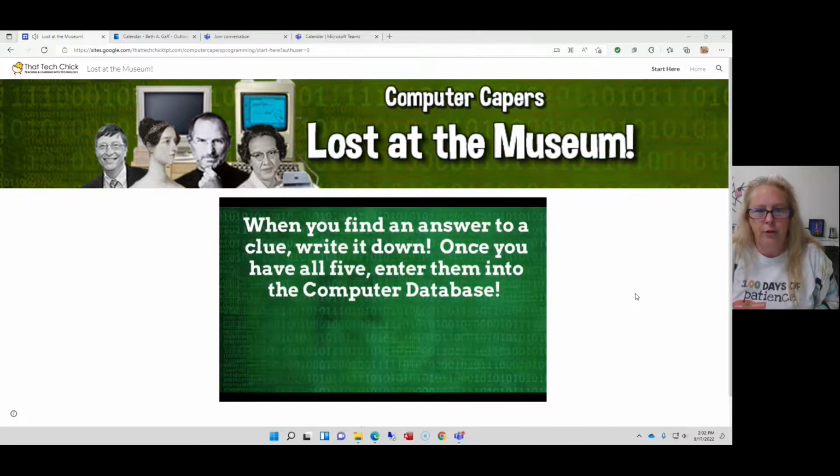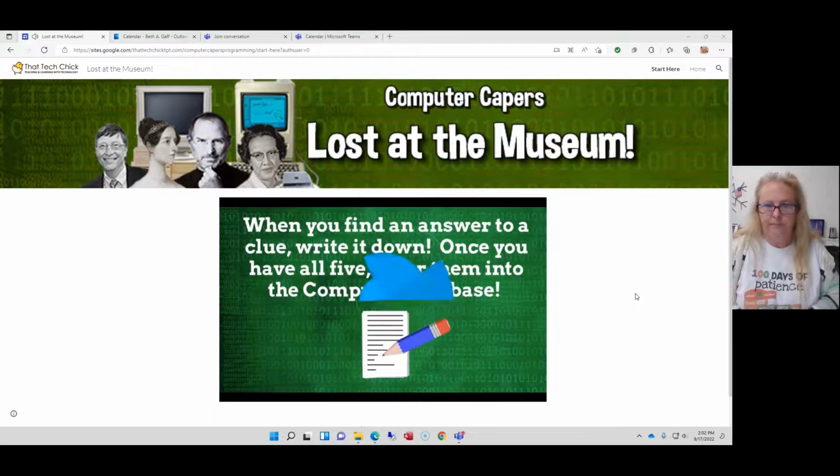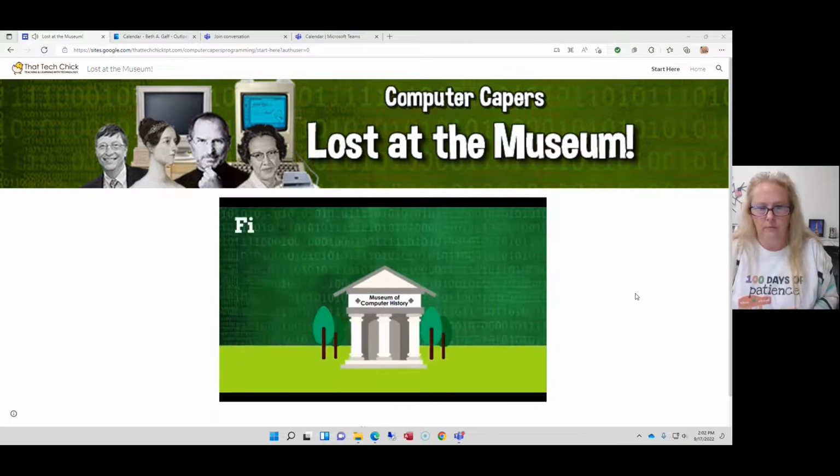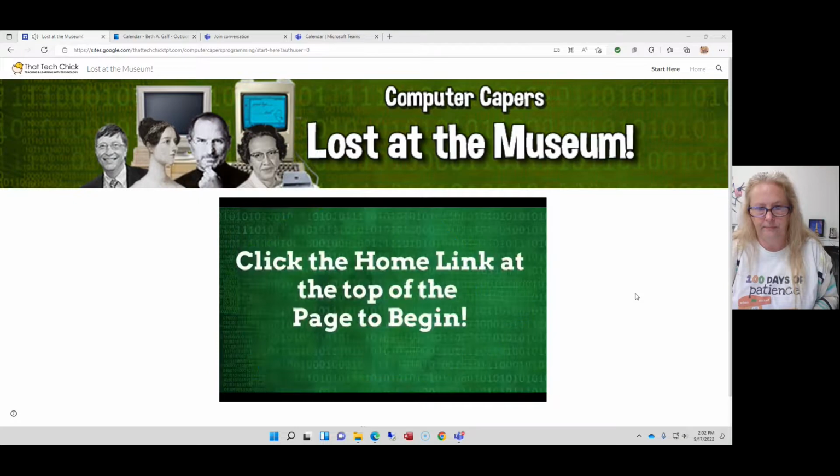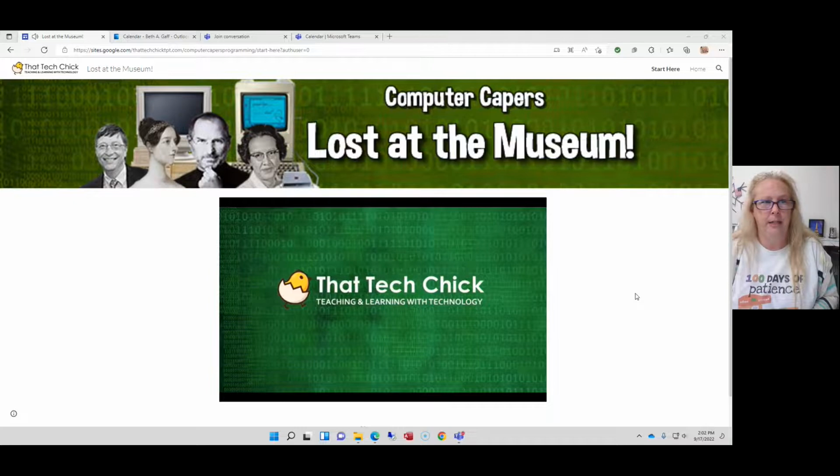When you find an answer to the clue, write it down. Once you have all 5 of your clues, enter them into the computer database. Find all 5 answers before the bus leaves you behind. Click the home link at the top to begin.